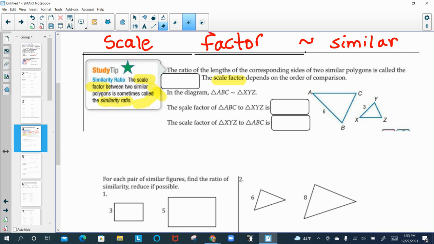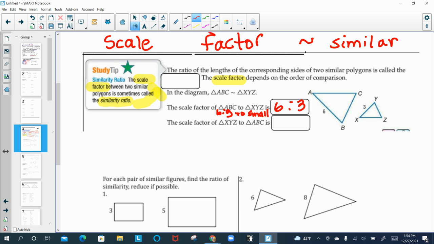So if we want to know the scale factor of ABC to XYZ, well, that's going to be the same thing as saying the big triangle, because isn't ABC much bigger, to the small. And we want to take two corresponding measurements. So we would take the AB to the XY.